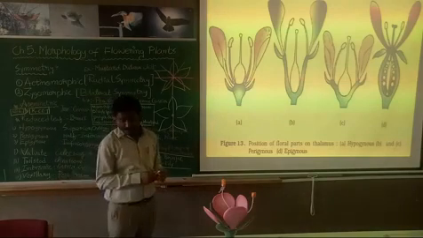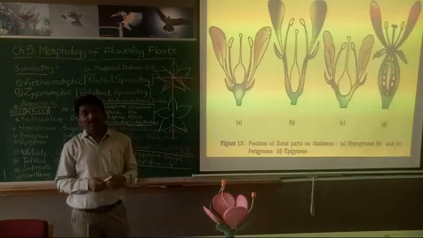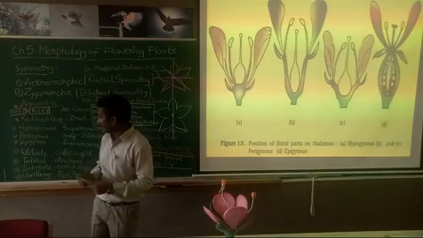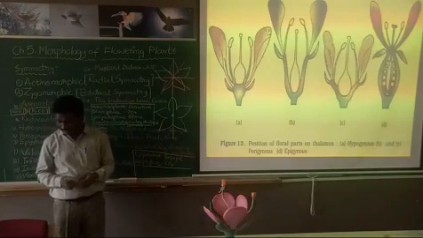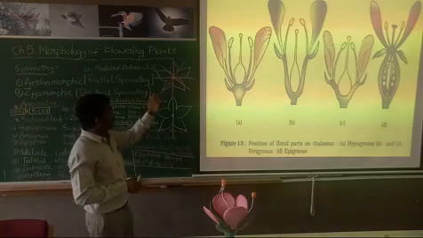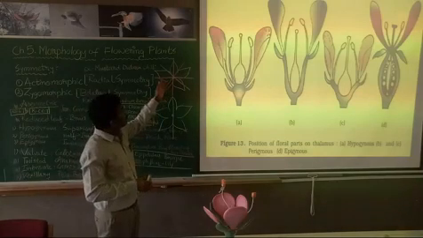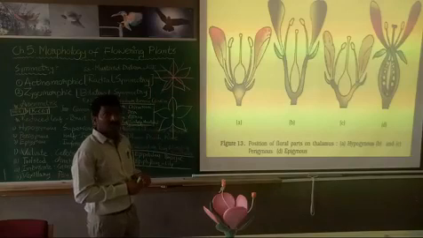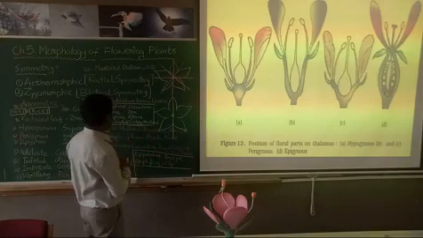Symmetry. What is meant by symmetry? This is an important topic at PUC board level for theory examinations. Symmetry means the arrangement of an organism, either plant or animal. It shows different kinds of variations in arrangement pattern.